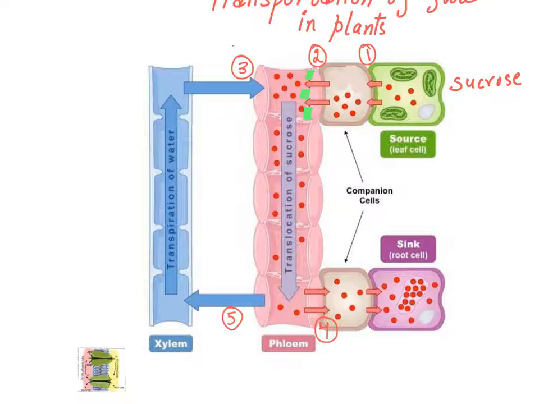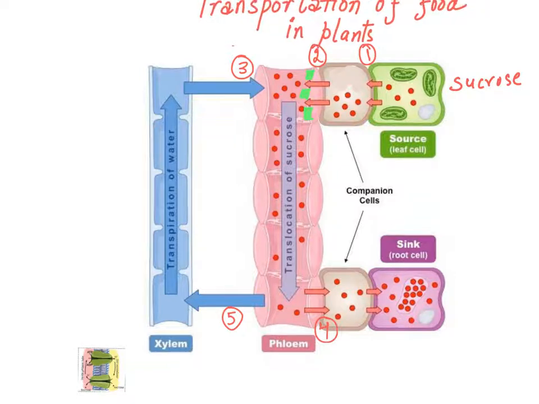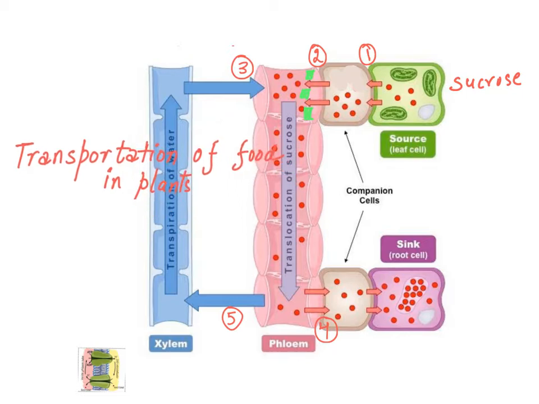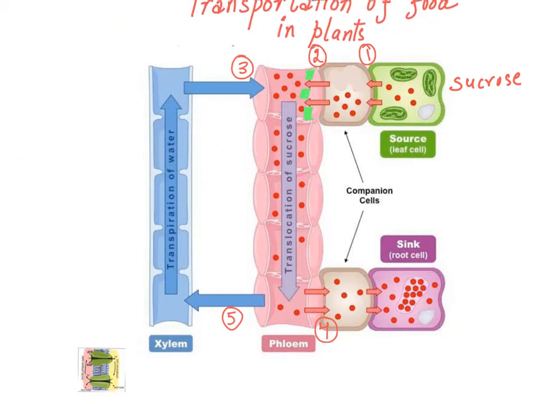After that, entry of sucrose into the sink, the root cell. And after this, the water will also move out of phloem into xylem, right? So that's how food is transported, or we use the word translocation for this. Food is transported in the plants.